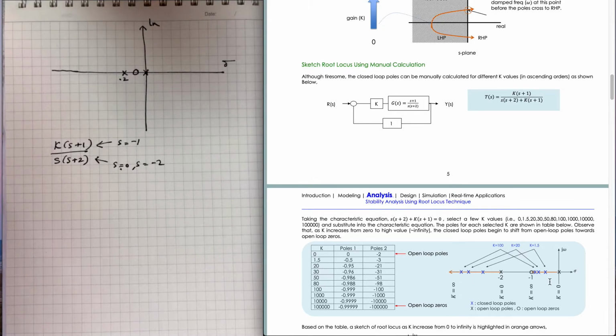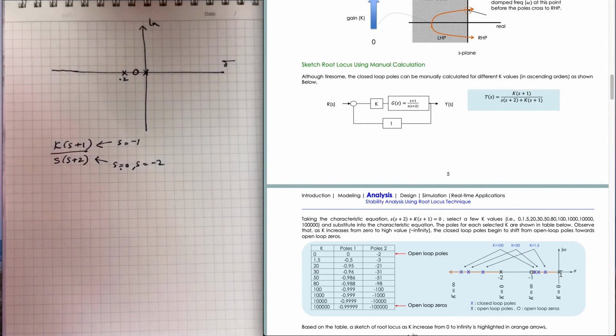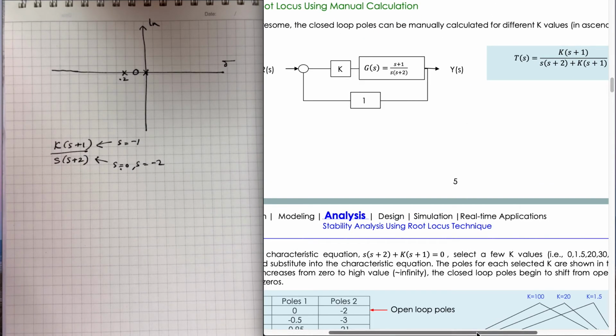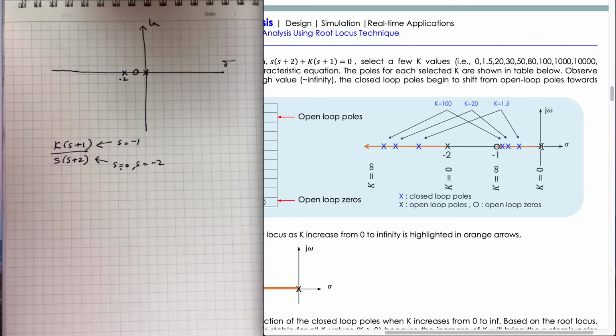As we increase K value, we see that the poles are moving from open loop poles towards this, right? If I zoom in here, this is our open loop poles, open loop zeros, open loop poles.